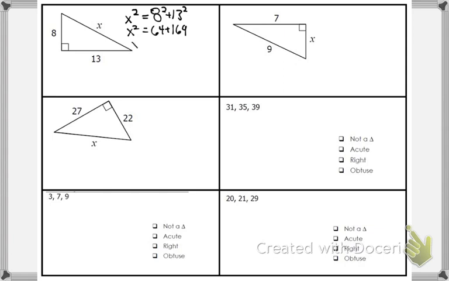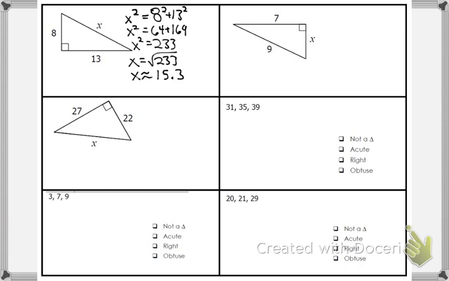That comes out to be x squared equals 233, and x is the square root of 233. Now, can we simplify 233? It doesn't look like it. It's not going to have any sets of factors that come out, so that is what it is in simplified radical form, or as a decimal, it is about 15.3.